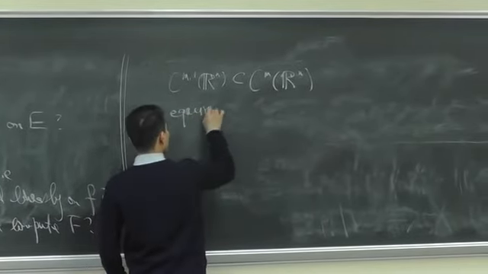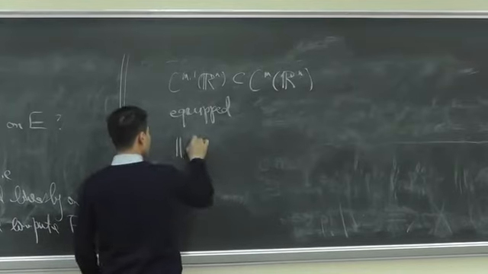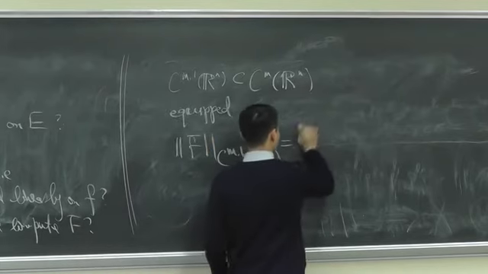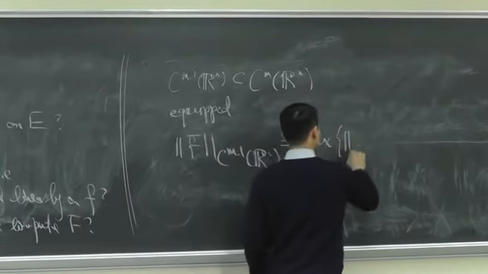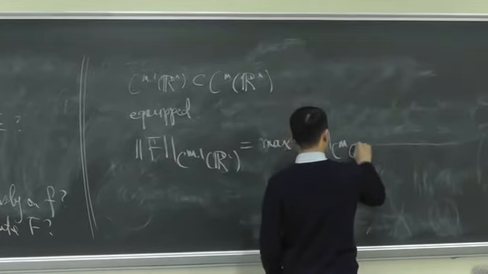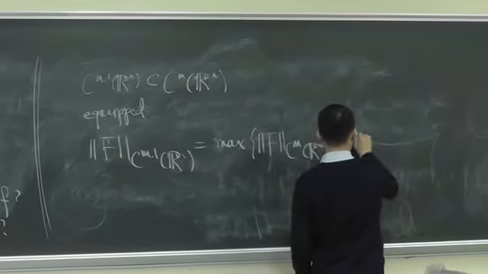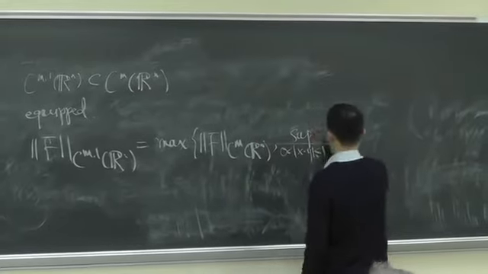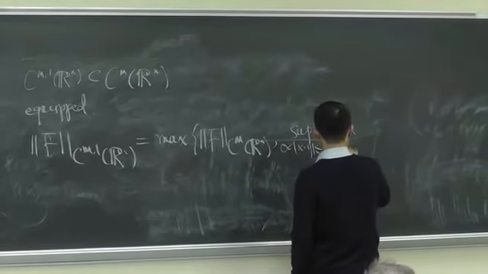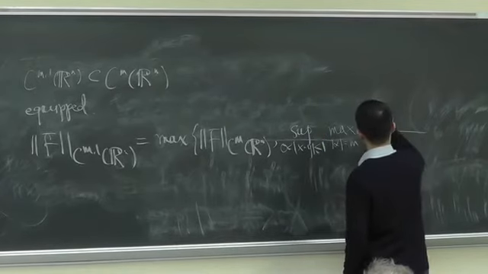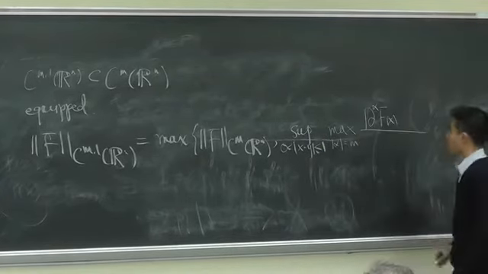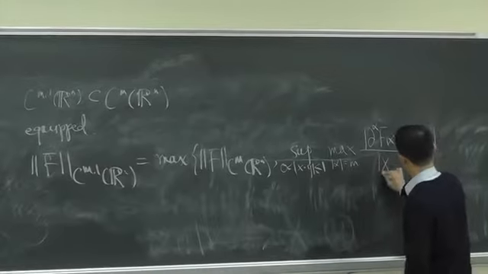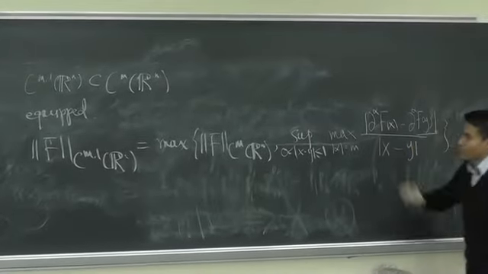You put the standard norm, the highest derivative and this difference quotient, and look at where this is the biggest.